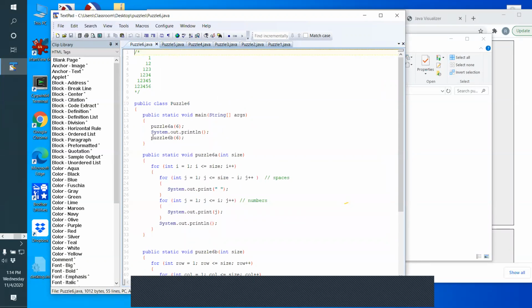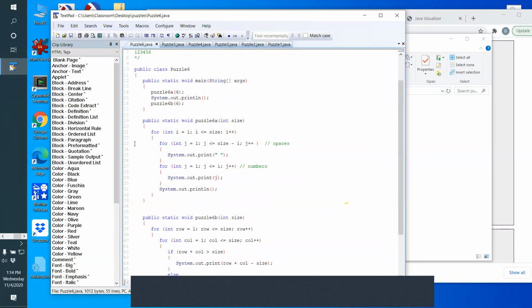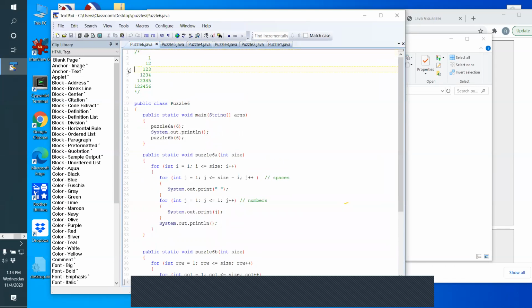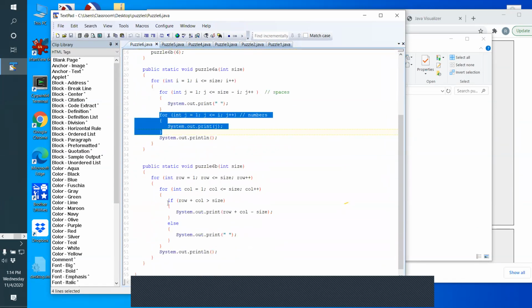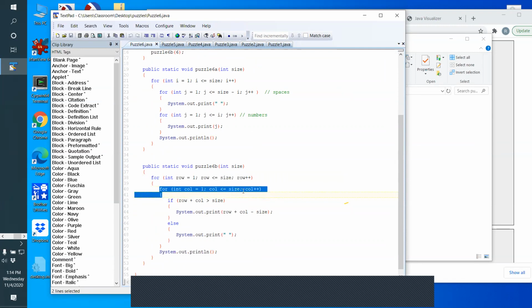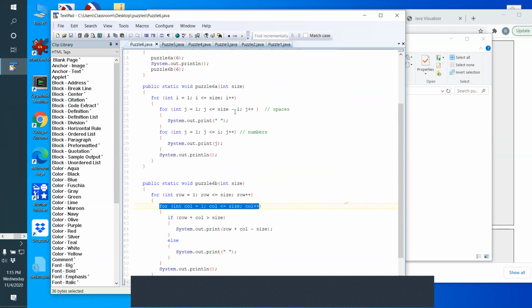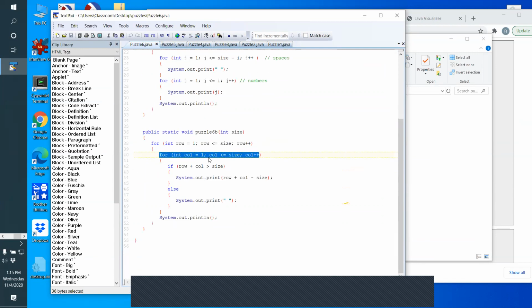Every one of these you can do with two for loops, because you have to go across the first part of a row, then across the second part of a row. Or you can ask: this picks a row, this picks a column, so this for loop always goes across the whole row. Here, this one did the first part of the row, this one did the second part. This one now does the whole row.